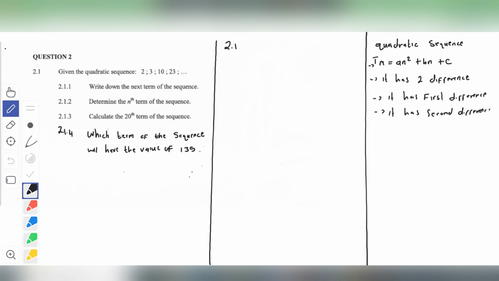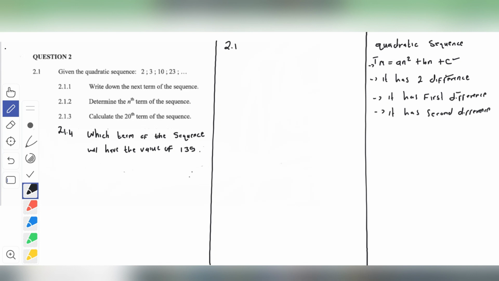So you need to be aware of these things. In the quadratic sequence, this is the formula, and it has two differences, which are the first difference and the second difference, right?